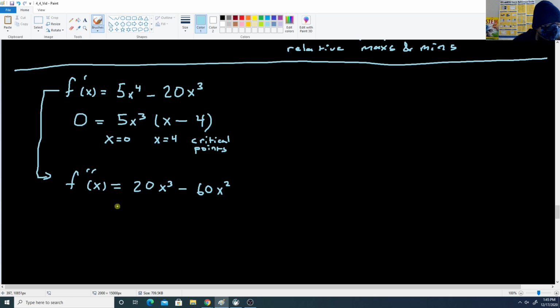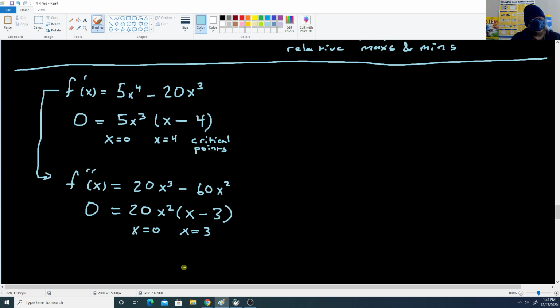So the second derivative is, we factor 20x squared out, we'll have an x left over, 20 removed from 60 is a 3. And again, this is a cubic. It's not undefined anywhere. We're going to set the second derivative equal to 0, and this will give us candidates to try for points of inflection.